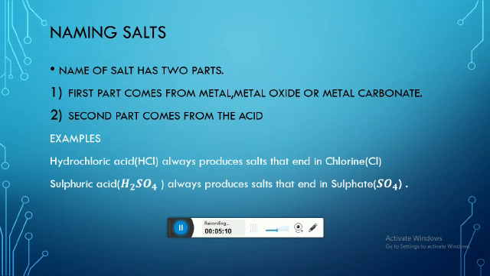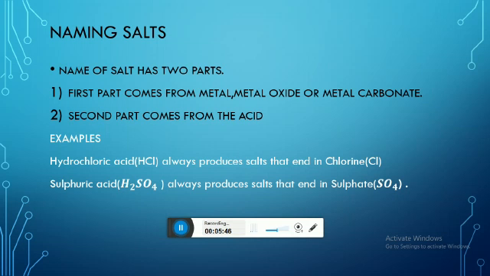So now naming salts. Definitely, as we discussed, every salt has its own name. The name of a salt actually has two parts. The first part comes from the metal, or metal oxides or metal carbonates, and the second part comes from the acid.